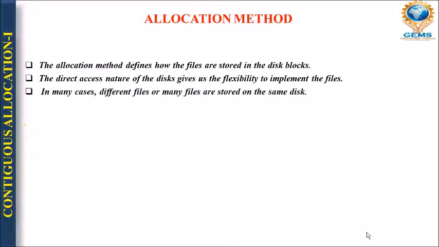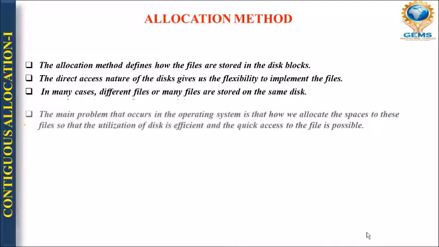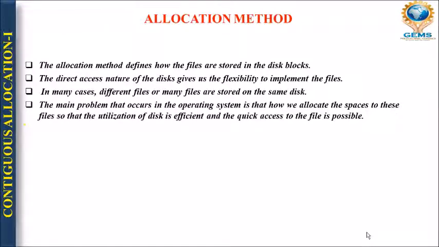In many cases, many files are stored on the same disk. That means if the space is available on the disk, then several files can be stored at a particular location in terms of blocks.